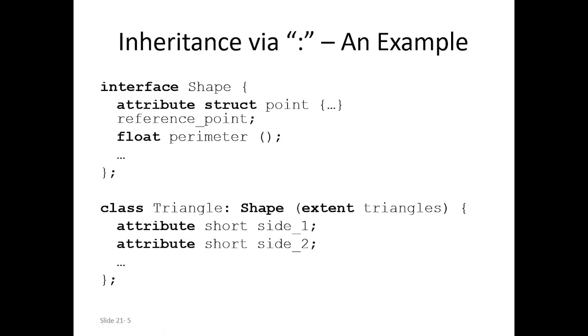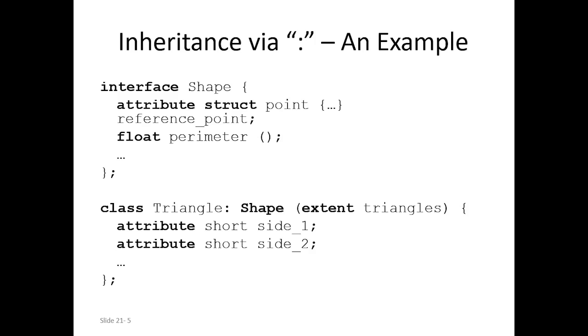Note that with interface inheritance, only operations are inherited, not properties, that is attributes or relationships. Hence, if a property is needed in the inheriting class, it must be repeated in the class definition, as with the reference point attribute.